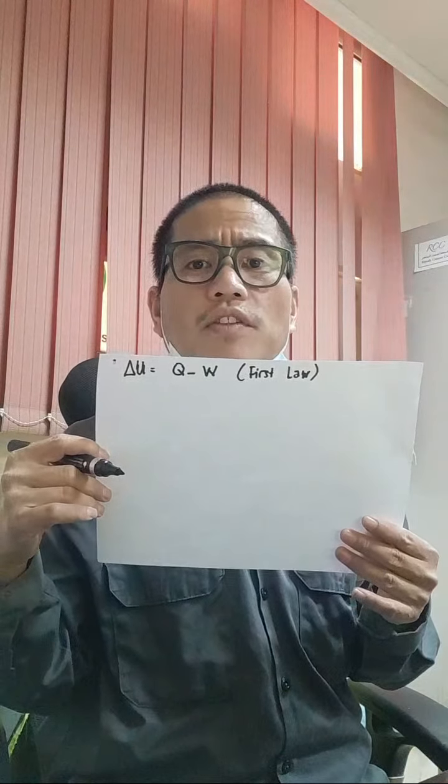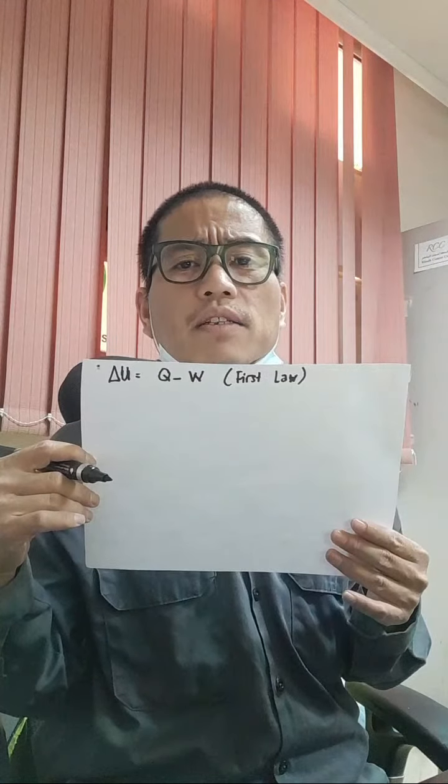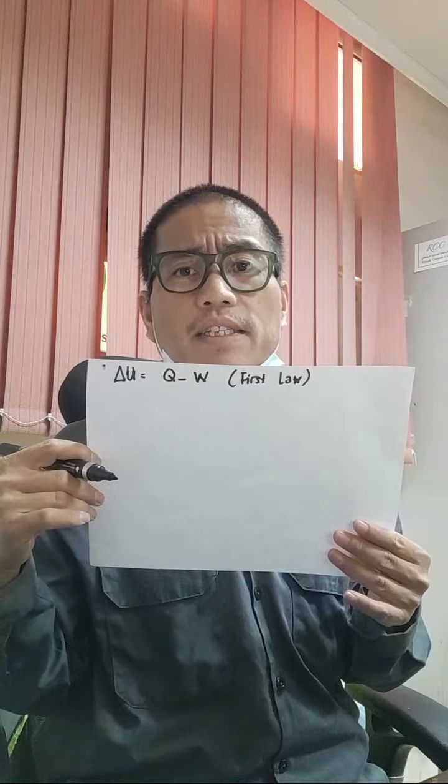In the first law, the change in internal energy is equal to Q minus W. This is the first law of thermodynamics: the change in internal energy is equal to the heat energy transferred minus the work done by the system.